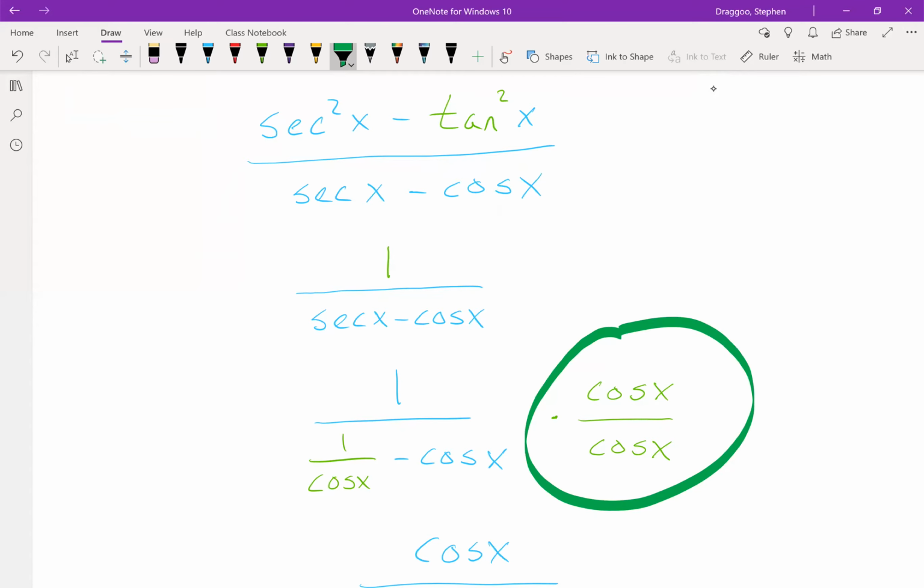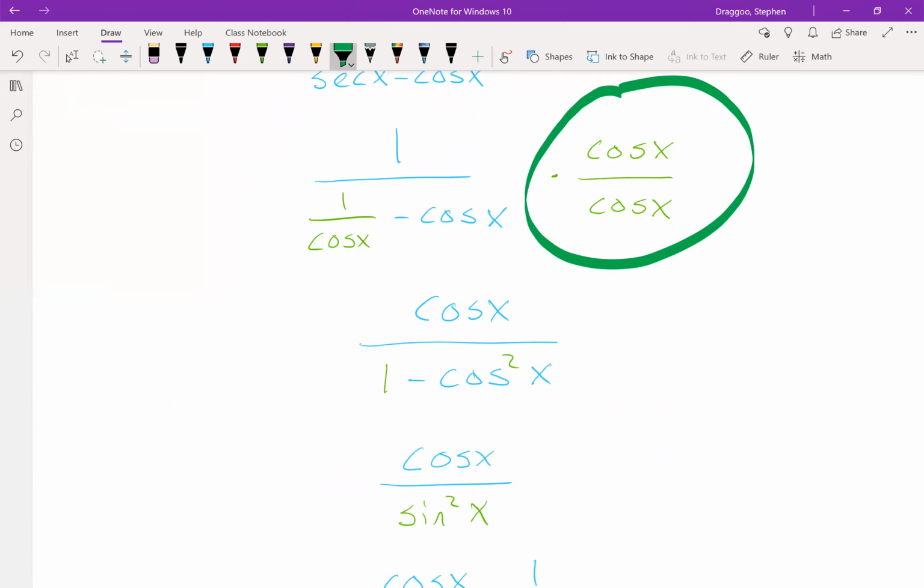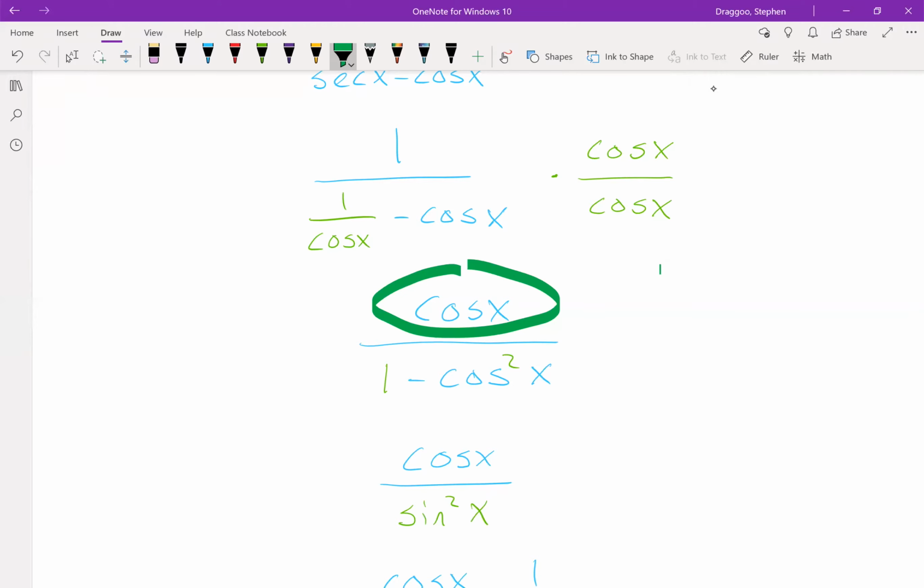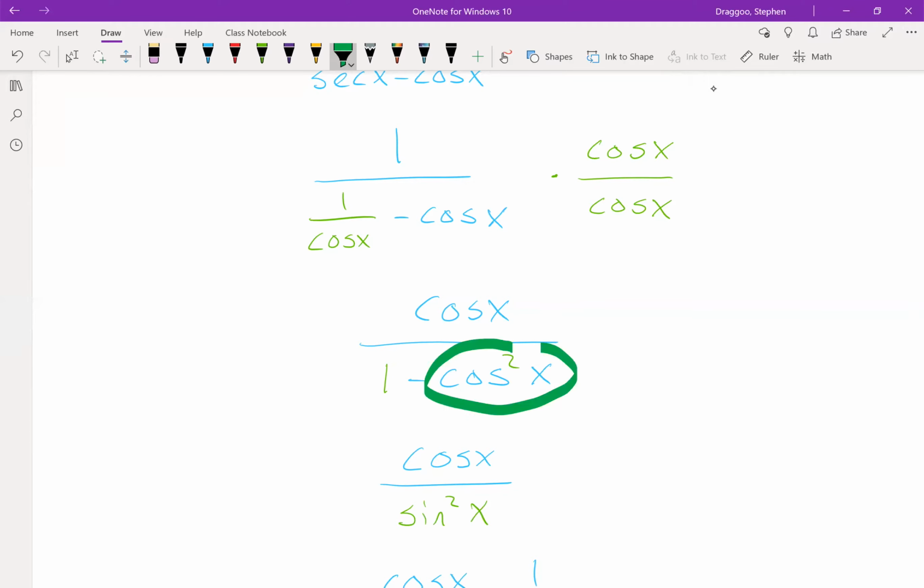This is where this green part came over here on the right. Multiplying that all through, cosine times 1 is cosine. Then I have 1 over cosine times cosine, which is 1, and cosine times cosine, which is cosine squared.